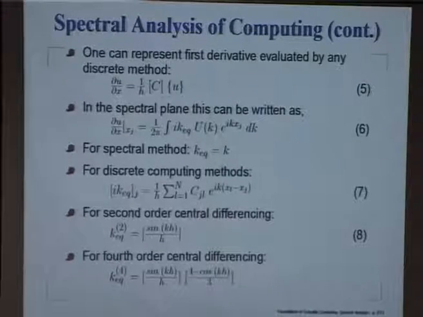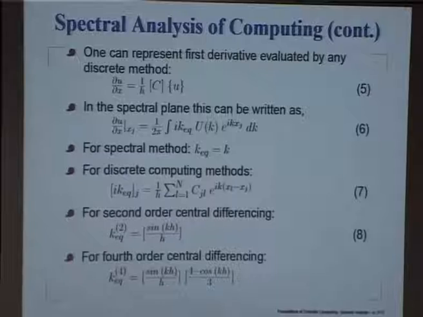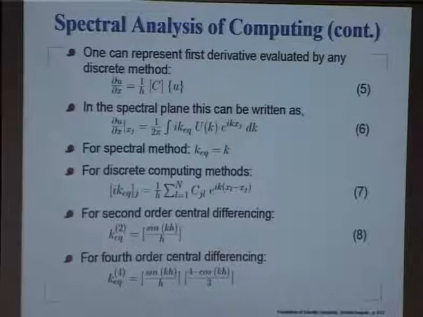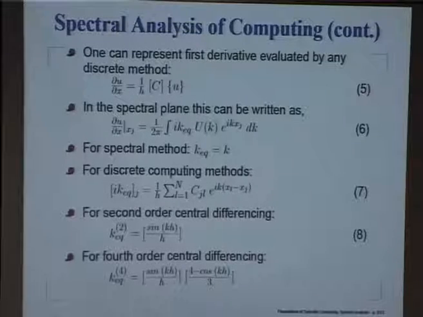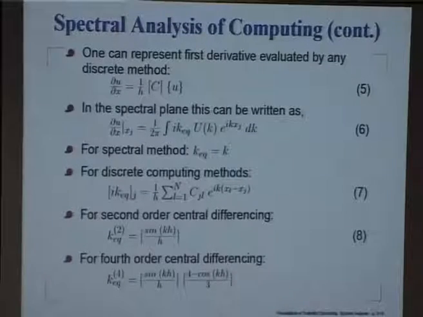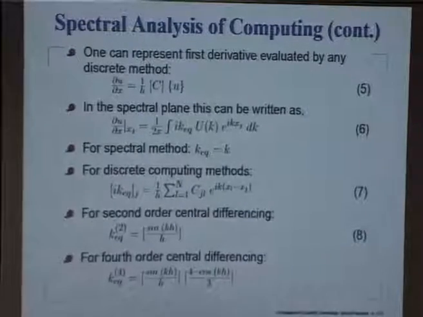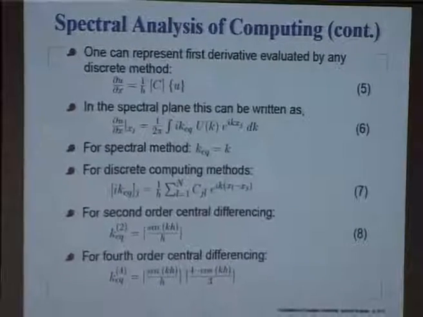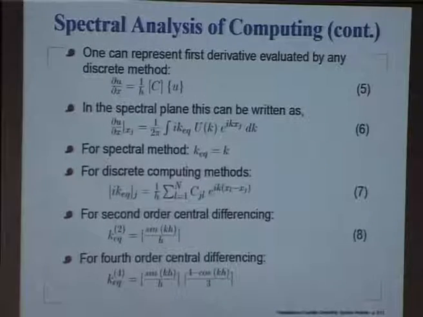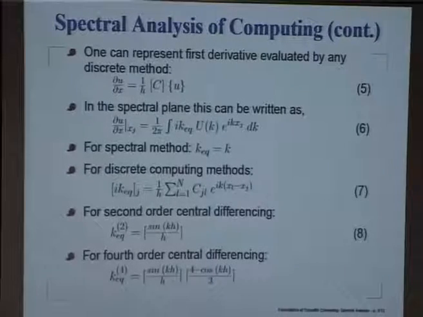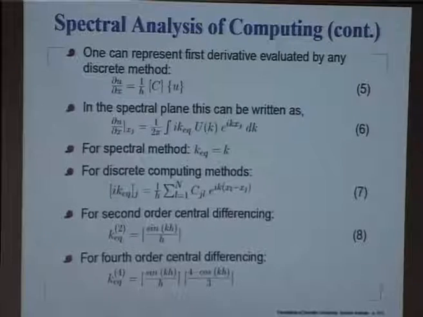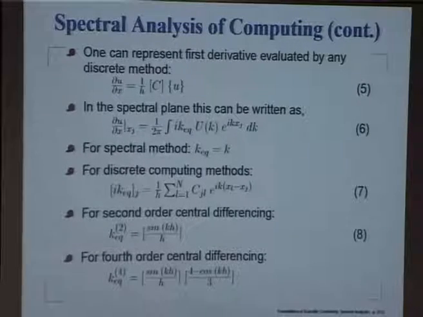Now, what about this? If you look at this expression, what you have? So, if I am looking at the derivative at the mth node, what is it that I should look at on the right hand side? I should look at the mth row of C matrix multiplying the whole vector u, right.